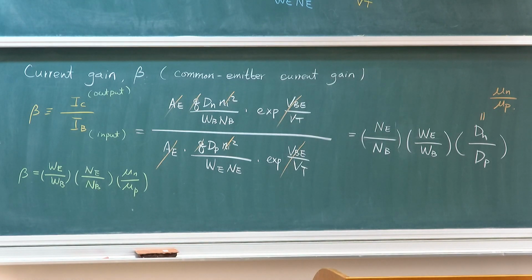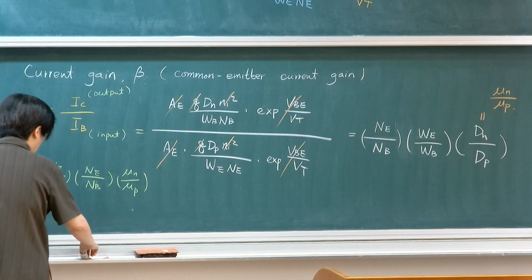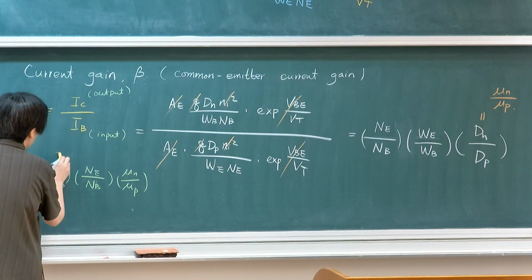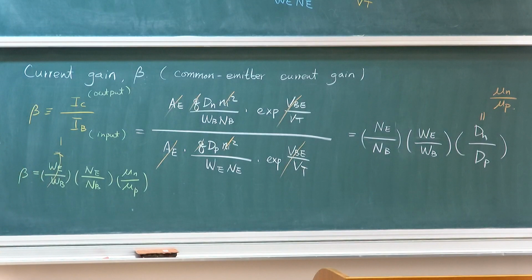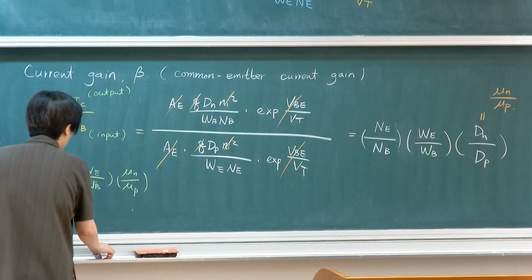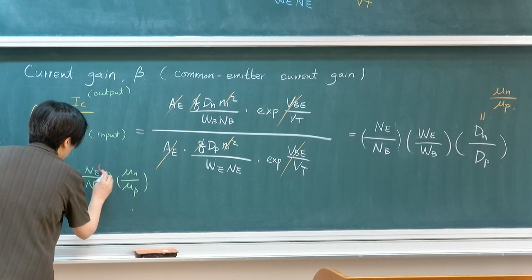In real practice, this will be mostly close to 1, meaning a comparable level. Even though there's a smaller difference, it's very hard to create a large emitter depth and a smaller WB at the same time. So in most cases these are kept at a comparable level, meaning the ratio is close to 1. And typically what's being done is this. Remember, this is N plus.